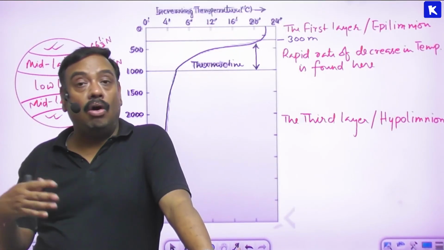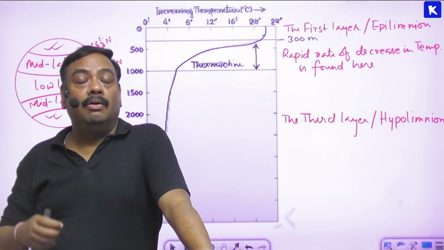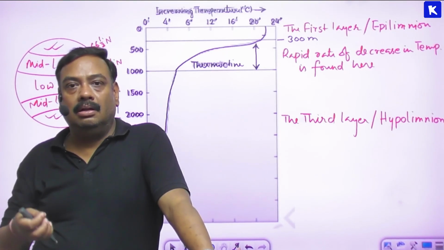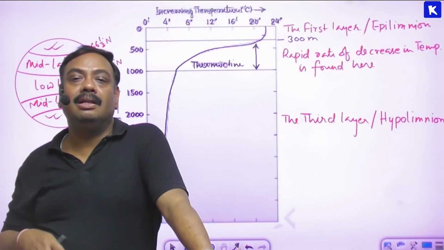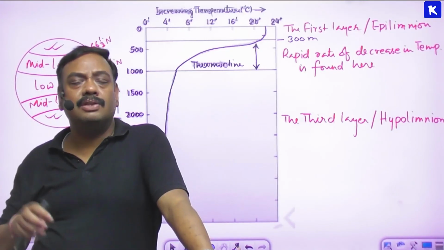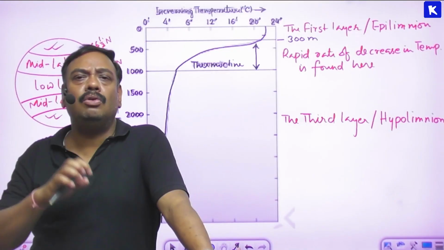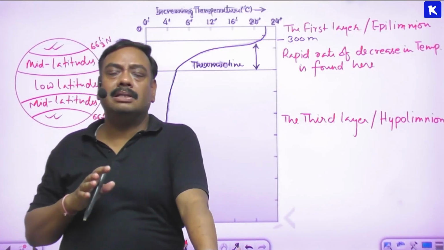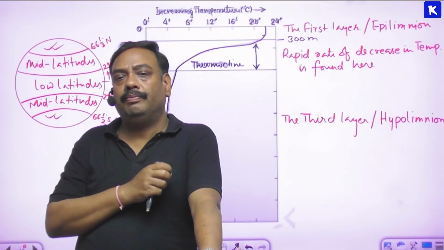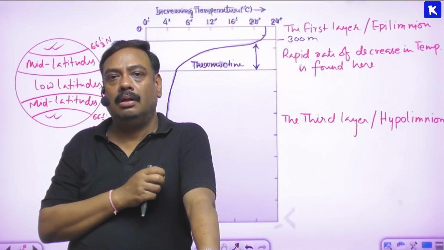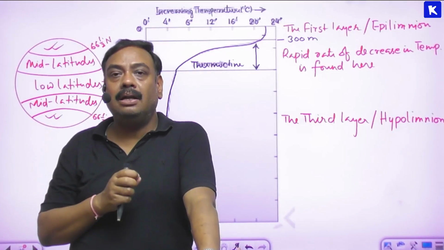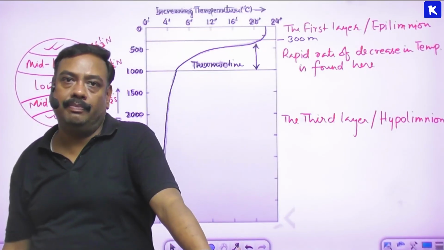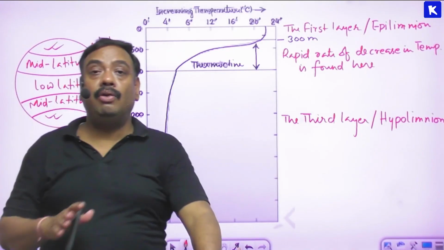So one can observe that the rate at which the temperature decreases towards the bottom is very insignificant. It is almost very small. And so only one layer of temperature is found from the surface towards the bottom. That is what you have to remember.